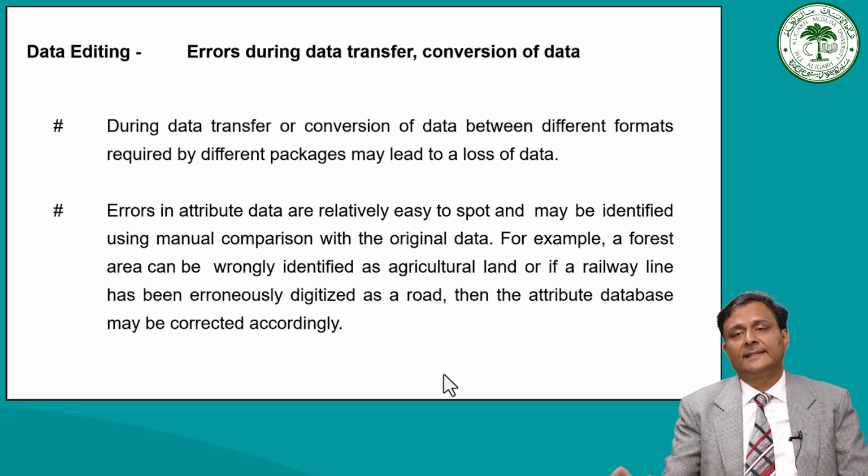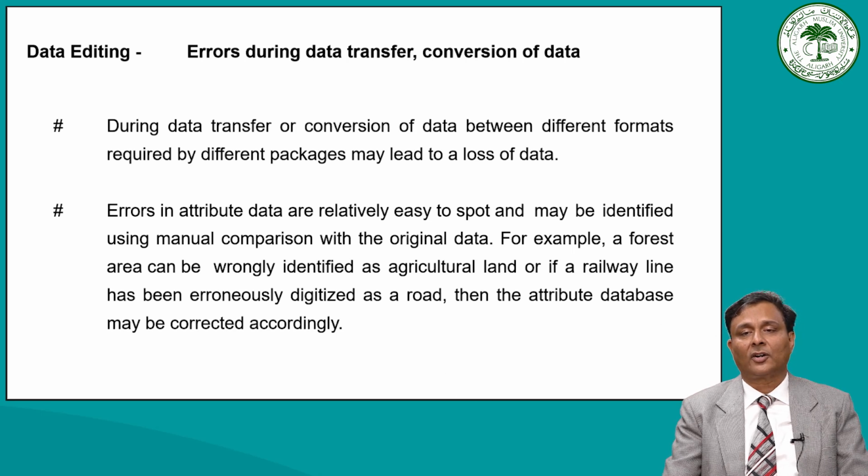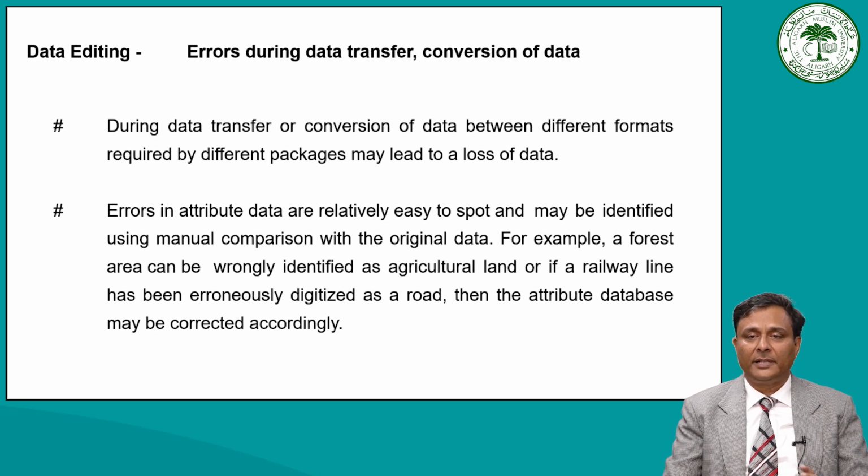So to summarize, errors in spatial data are often more difficult to identify and correct than errors in attribute data. This is a very significant point which I am making here, that the spatial data errors are very difficult, whereas errors in attribute data are easier to correct. These errors take many forms depending on the data model being used.